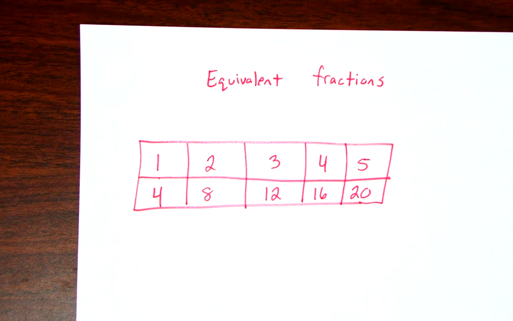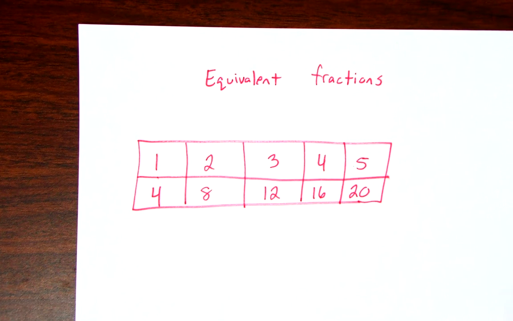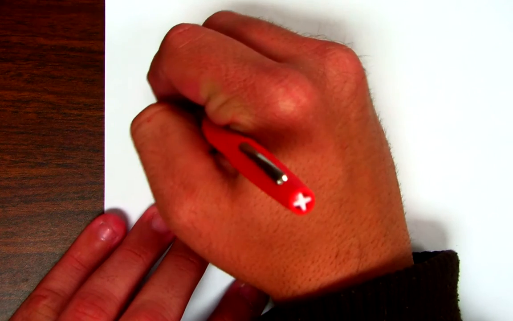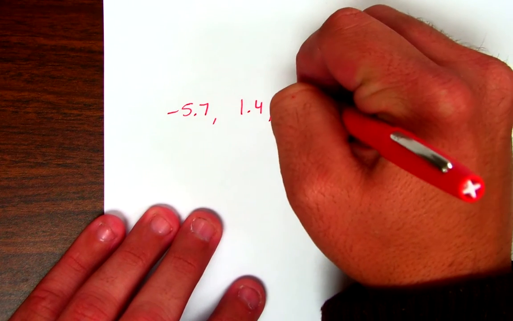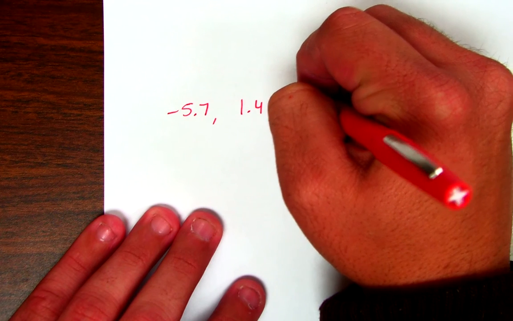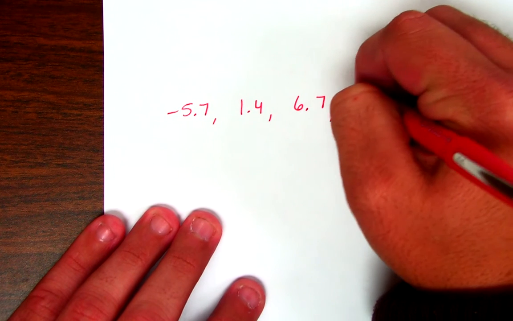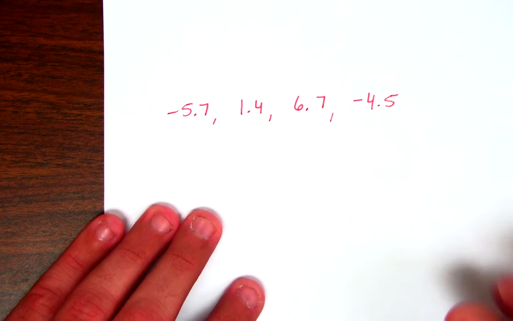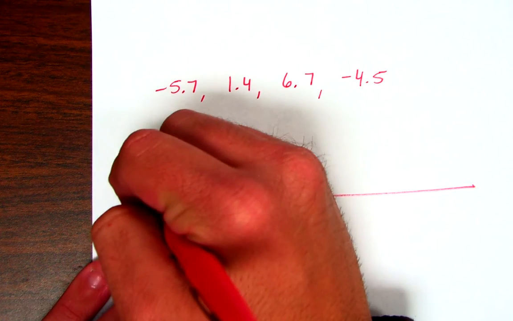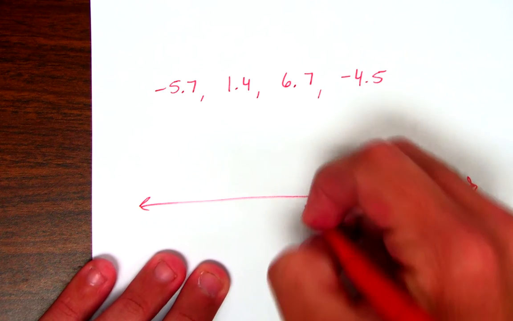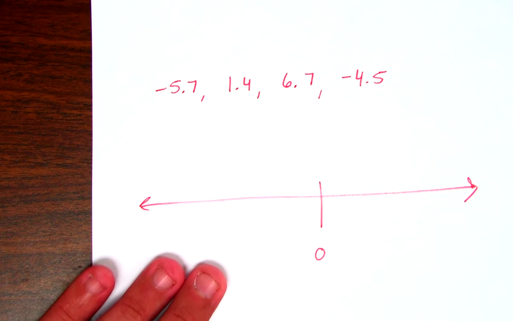And the last part of your homework is comparing and ordering. So let's say we have this. And it says to put it on a number line. I personally like putting 0 right in the middle, so I know.